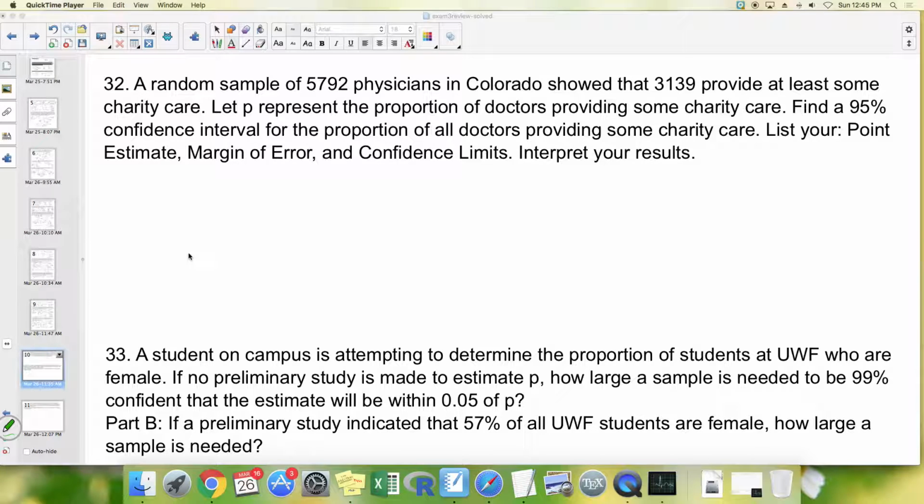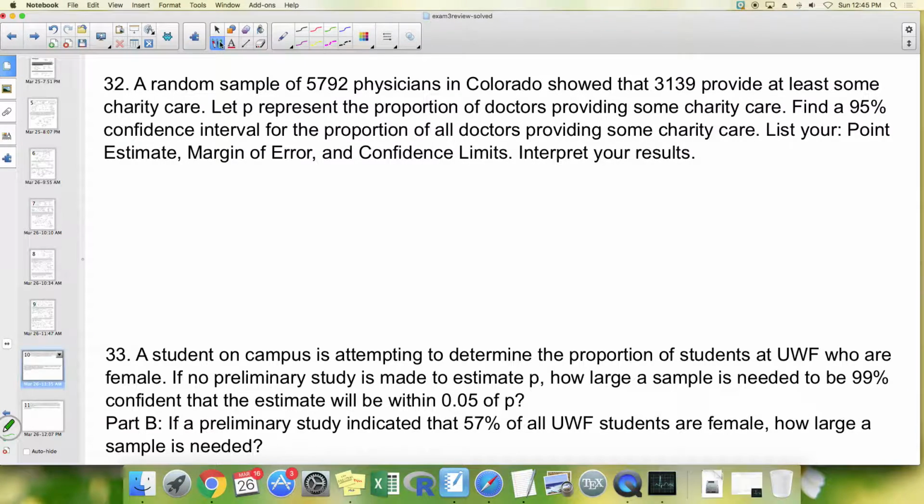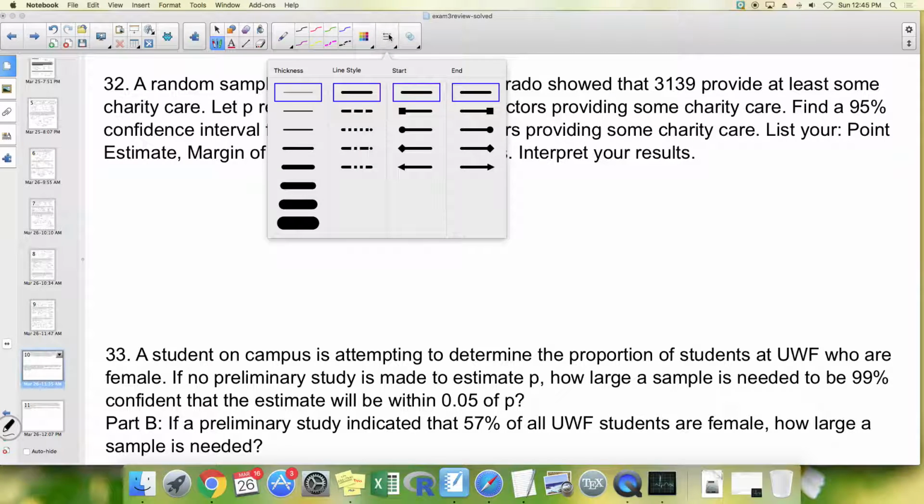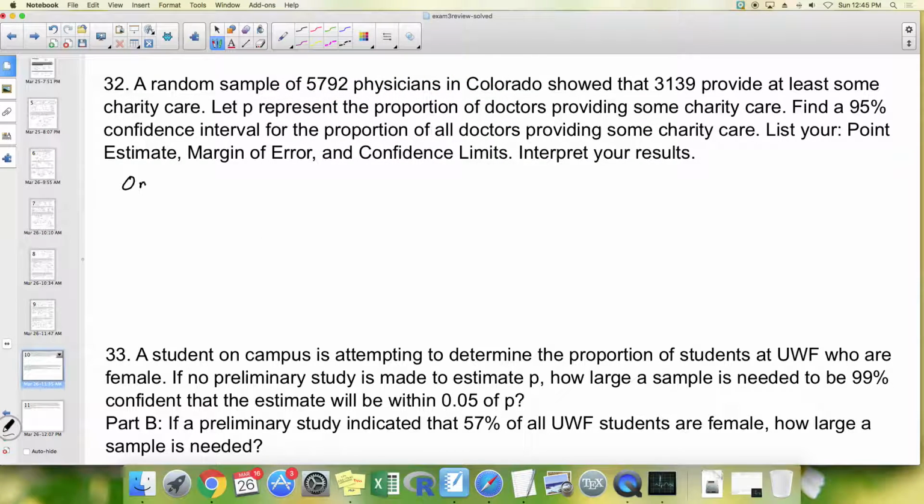So problem 32, once again a confidence interval problem. So it's one population. It's about p hat, those kind of things. That means it's about proportion. And hence here n equals 5792.